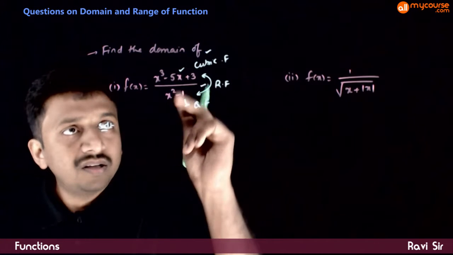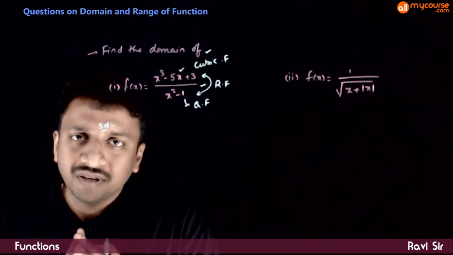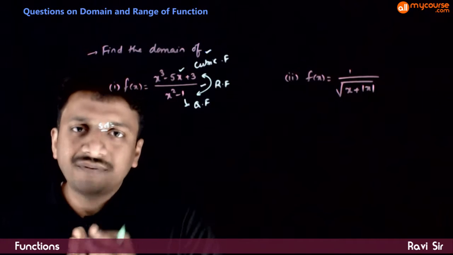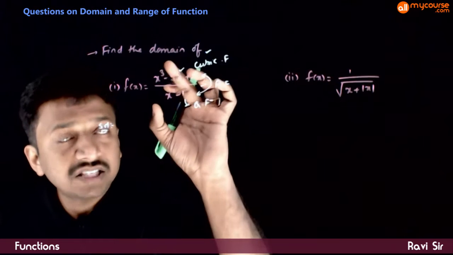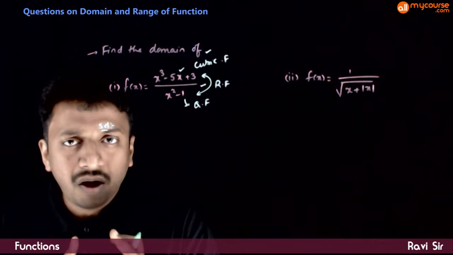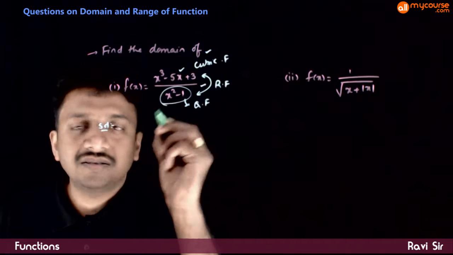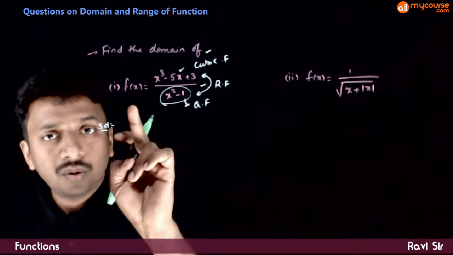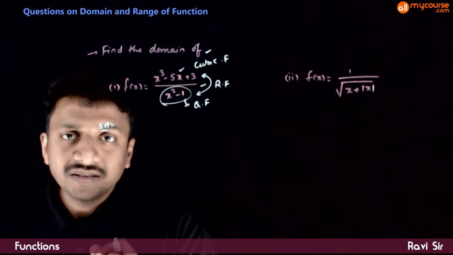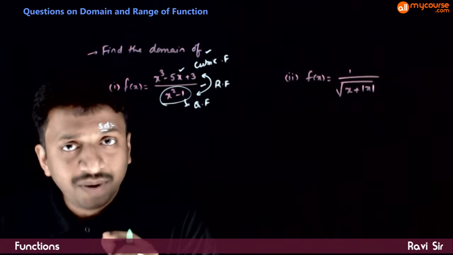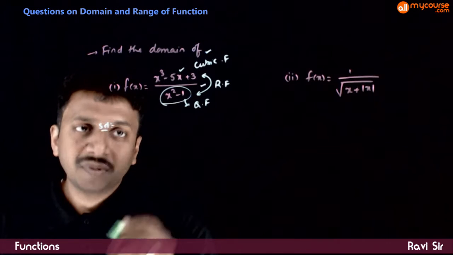Now, we know that a cubic function is defined for all values of x. Similarly, a quadratic function is defined for all values of x. And the rational function will be defined for all values of x except when the denominator is 0. So, if at all there will be a problem in the calculation of f of x, it will be at the places where the denominator will be equal to 0.